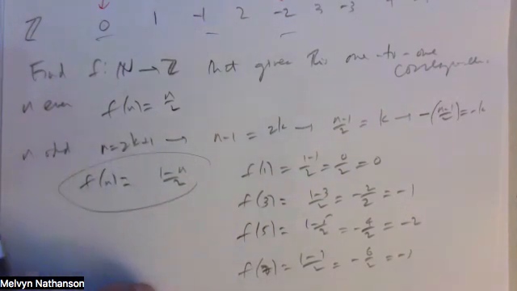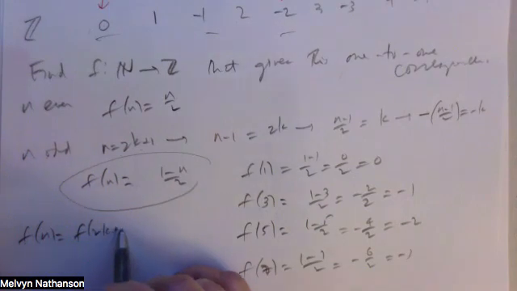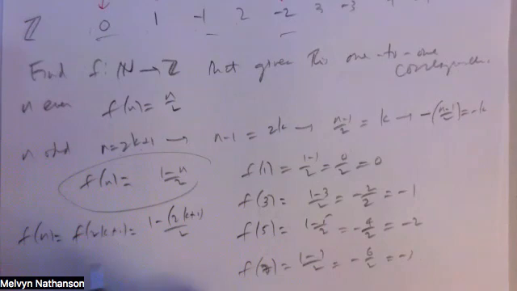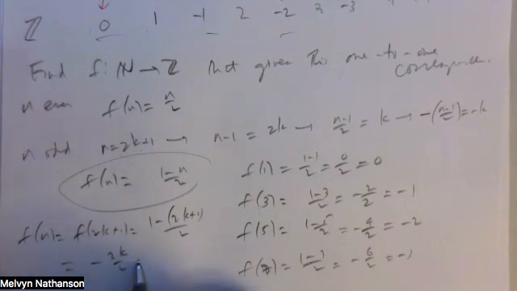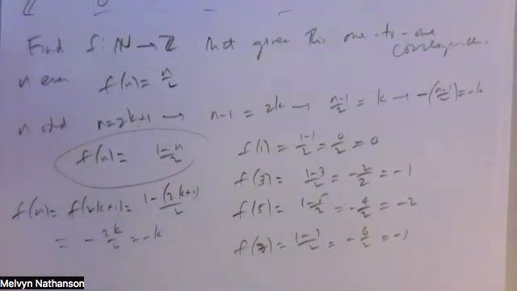n is 2k plus 1. f of n, which is f of 2k plus 1, is 1 minus 2k plus 1 over 2, which is 1 minus 2k minus 1 over 2, or minus 2k over 2, or minus k. So as k goes 0, 1, 2, 3, 4, this gives you all the numbers.